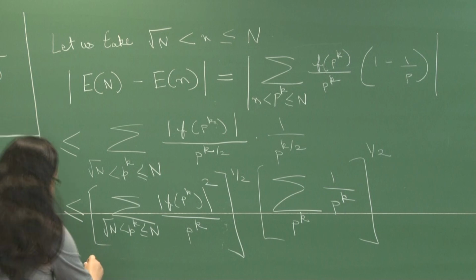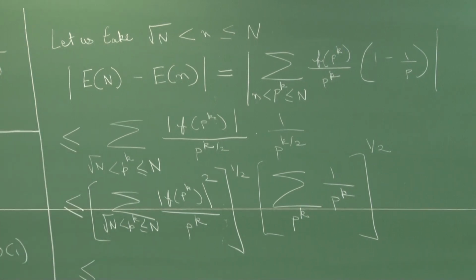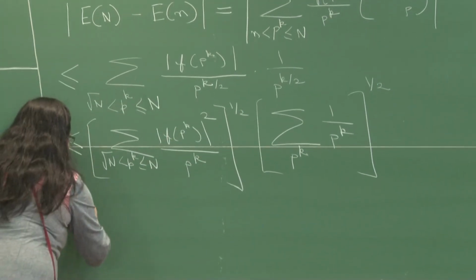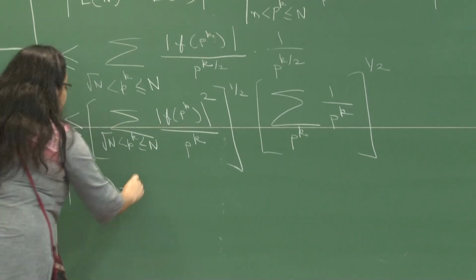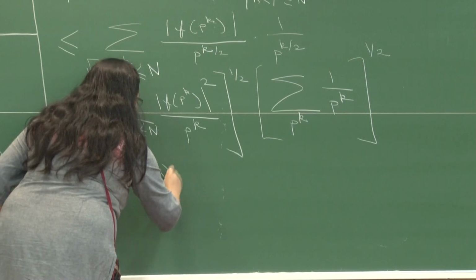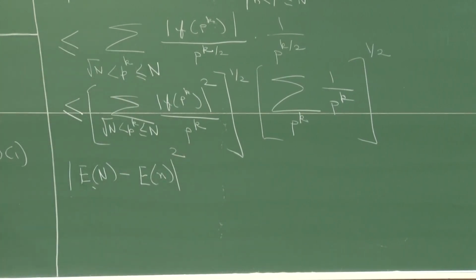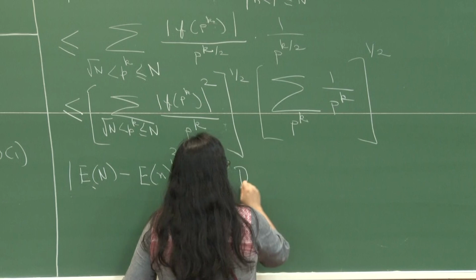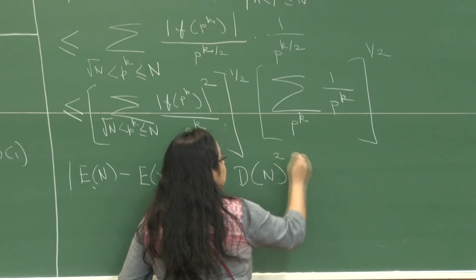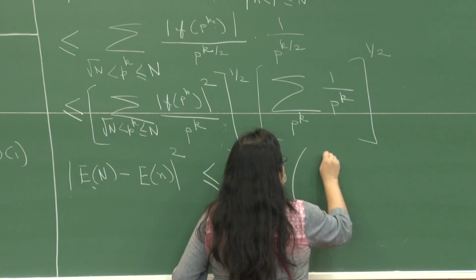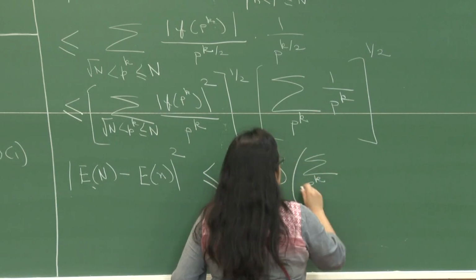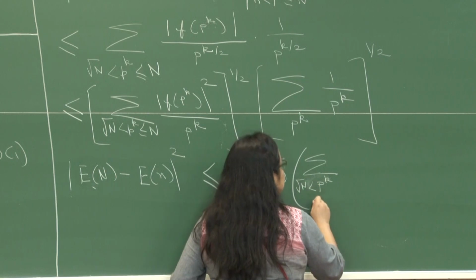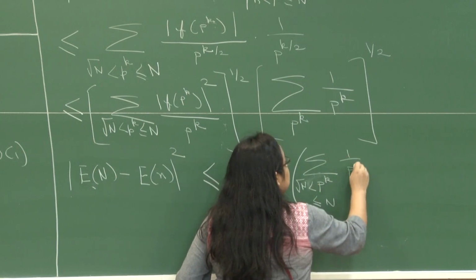So, what this tells us is that absolute E of n minus E of little n whole square is certainly less than or equal to d of n square times summation p raised to the k, all the prime powers lying between root n and n, 1 over p to the k.